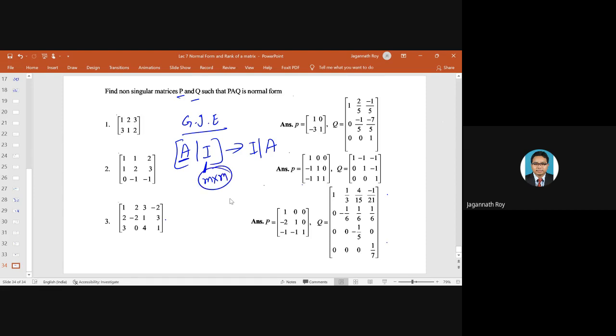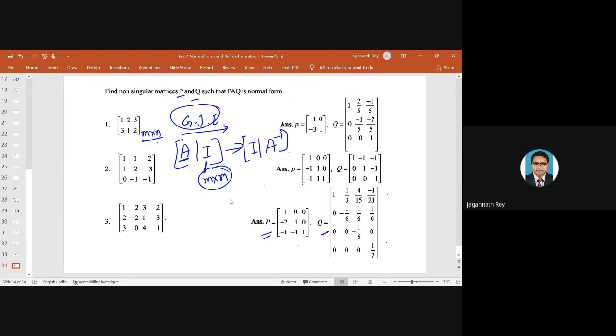But here the advantage is, even if this is an m by n matrix, we are able to find two more invertible matrices P and Q. We are using the idea of Gauss-Jordan elimination and getting two more matrices. So this is a more generalized form compared to Gauss-Jordan elimination.